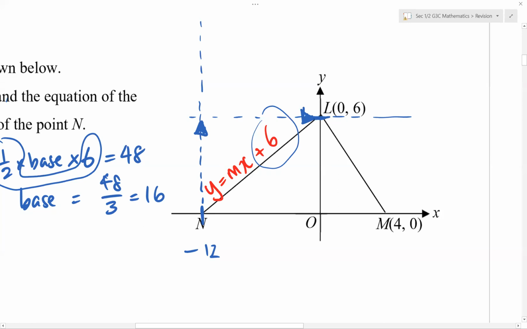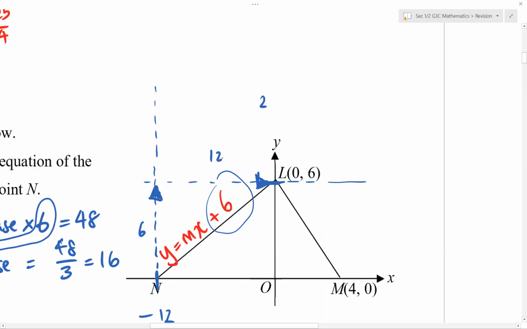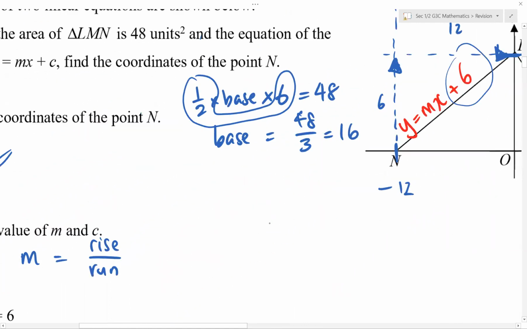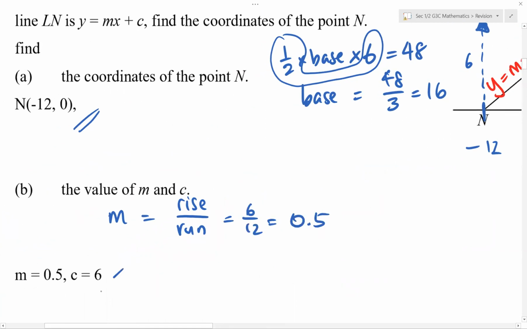How many units up did we rise? We rose 6 units. Okay, it is at level 6. So 6 units up. How many units to the right? 12 units. So mental sums tells us that the gradient is 1/2, which is 6/12, which is 0.5. So there we have these 2 answers.